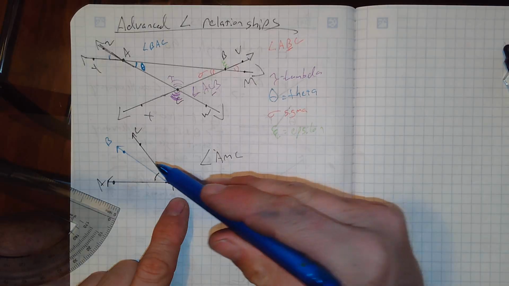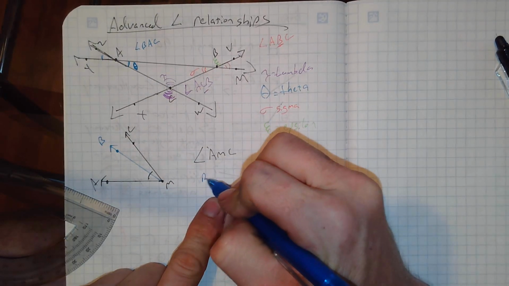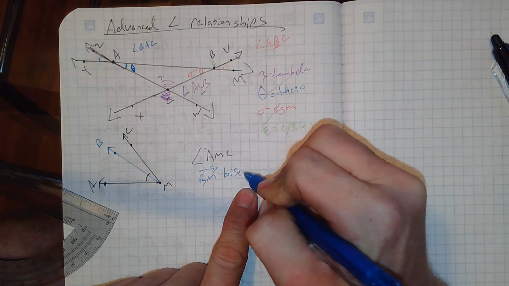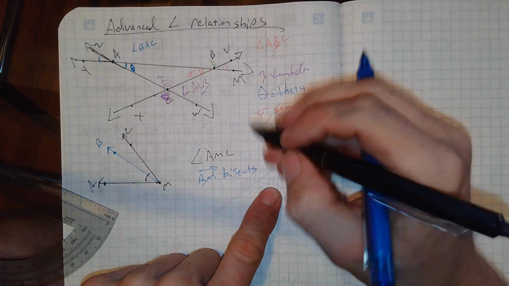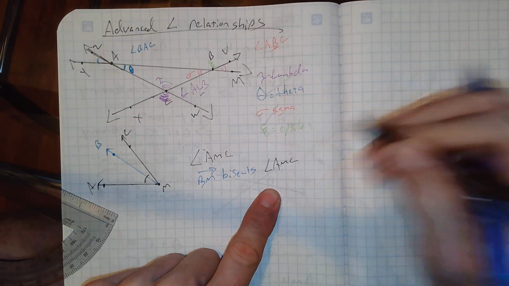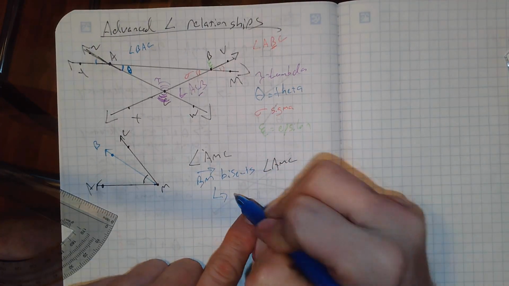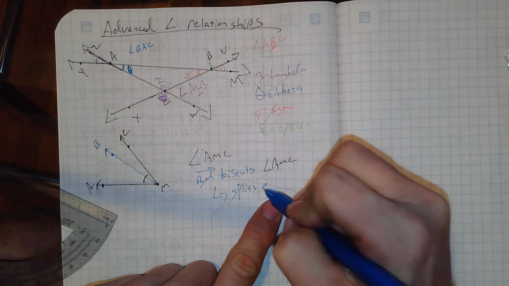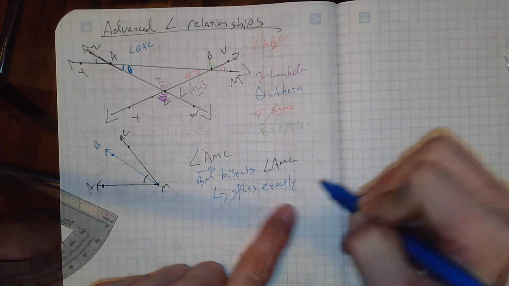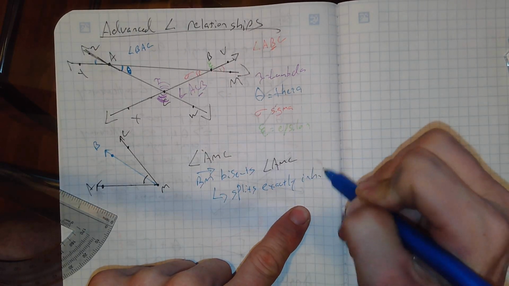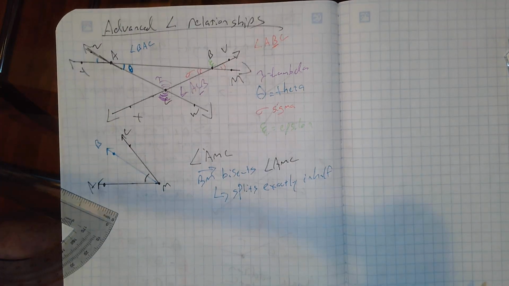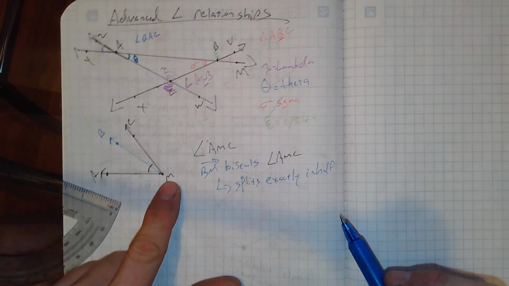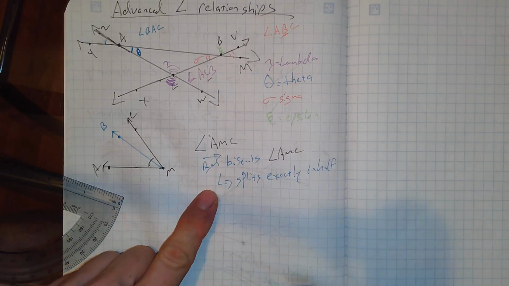We'll say that ray BM bisects angle AMC. It means it splits it exactly in half, kind of like a midpoint for a line segment, but for angles instead. Now, it doesn't look like I did it right here, but it doesn't matter what it looks like. It matters what the given says.